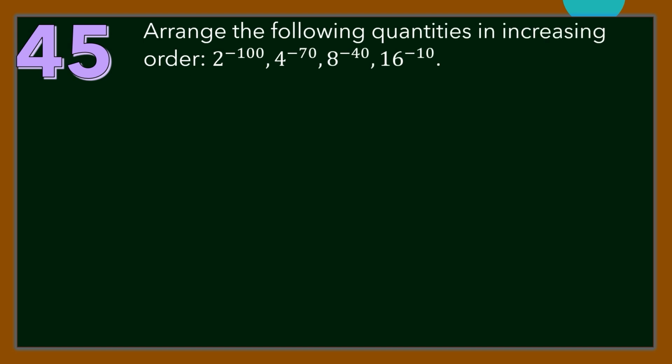(45) Arrange the following quantities in increasing order. 2 raised to negative 100, 4 raised to negative 70, 8 raised to negative 40, 16 raised to negative 10. Let us express the bases of these exponential expressions to be 2.